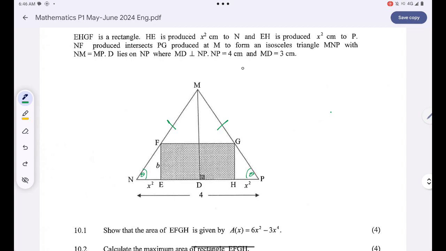Because I know that the length of NE plus the length of EH plus the length of HP will be just equal to 4. But NE is x squared. We do not know the length of EH, but HP is given to us as x squared as well. So that means EH is equal to 4 minus 2x squared. Please keep this in mind.